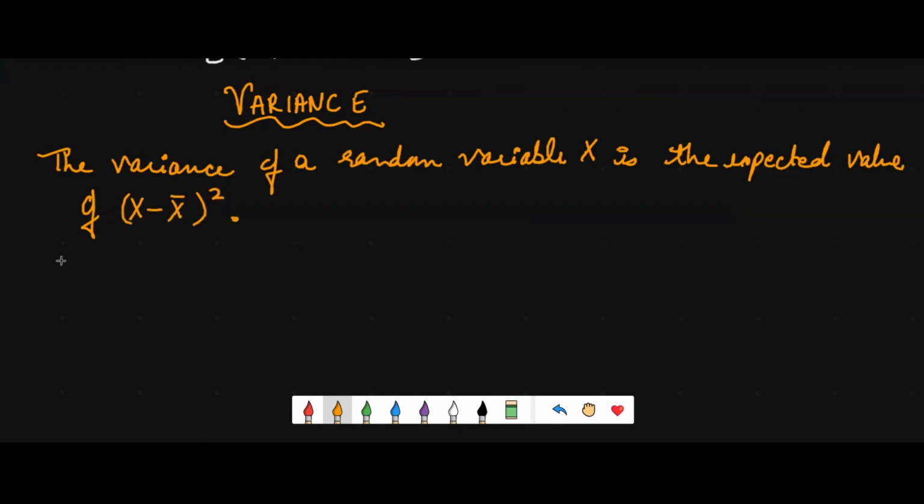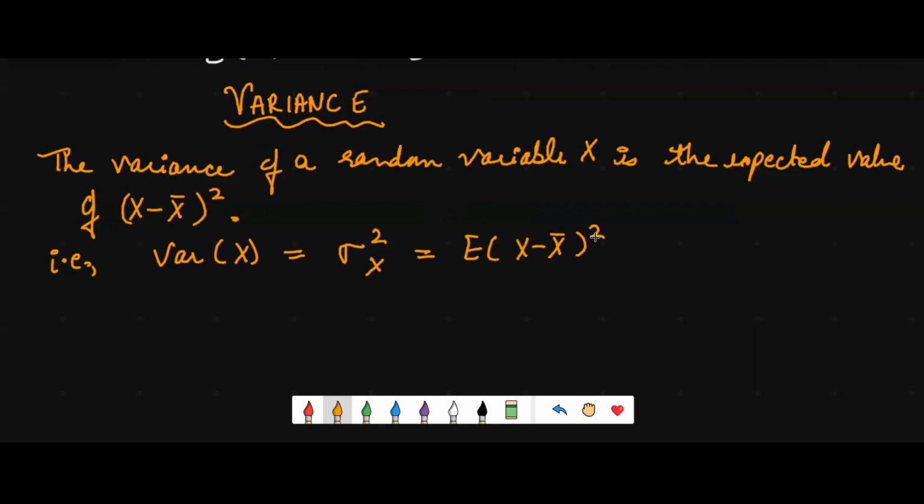That is, we denote the variance as Var(x) or sigma square. These are the different notations, and it is the expected value of (x minus x bar) whole square.